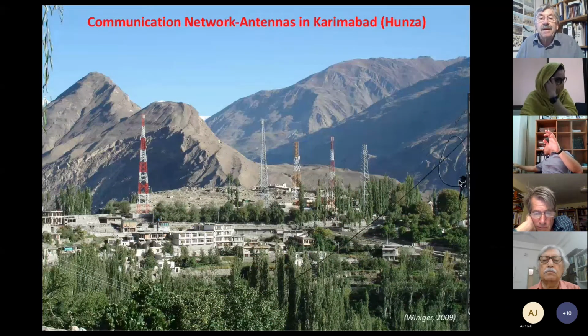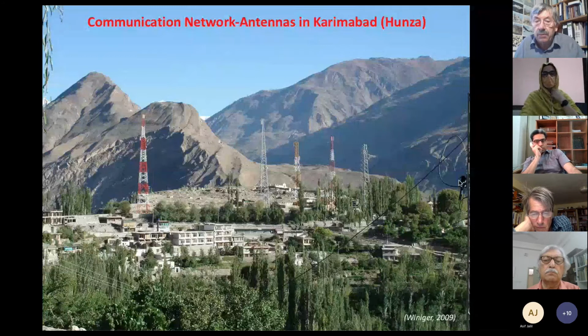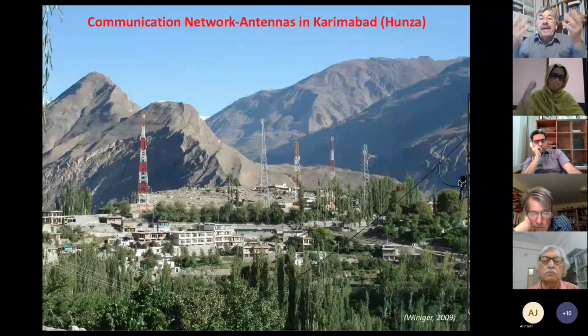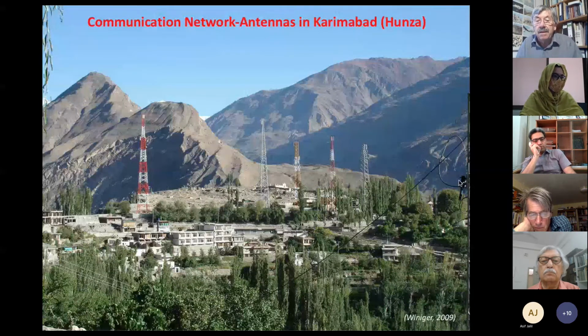You see, it's very visible. Karimabad in Hunza, this well-known, really historic place, now a tourist attraction. Everywhere you see communication network antennas, and you can go through all these areas, you see it everywhere. That means communication becomes very fundamental. Next slide, please.